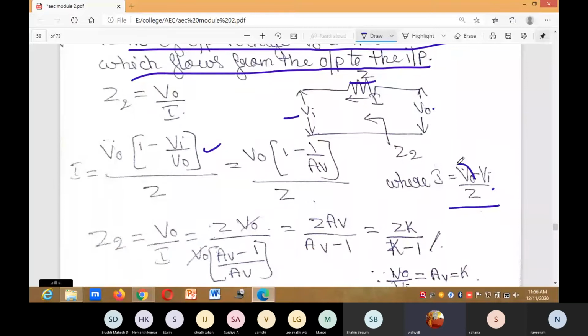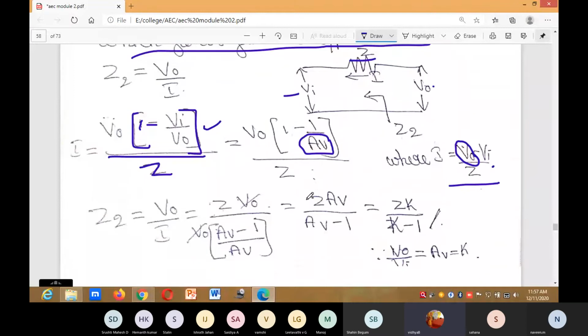When you take V0 common, you get V0 open bracket 1 minus Vi divided by V0 close bracket, divided by Z, which is equal to V0 open bracket 1 minus, okay, AV is equal to V0 divided by Vi, but it is in the reverse, so 1 divided by AV, close bracket, divided by Z.